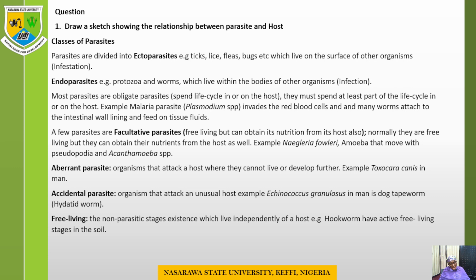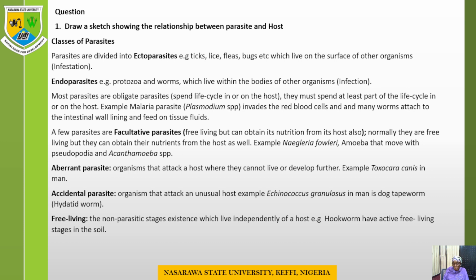Next is aberrant parasite. They are organisms that attack a host where they cannot live or develop further, and we have the example of Toxocara canis in man. And we have accidental parasite. These ones attack an unusual host, and example is Echinococcus granulosus in man.